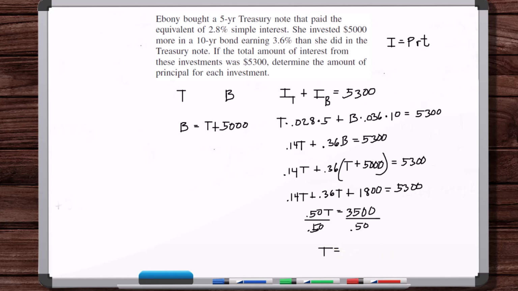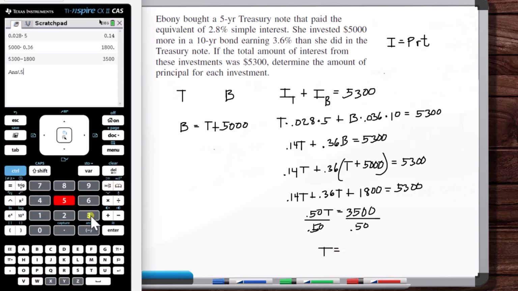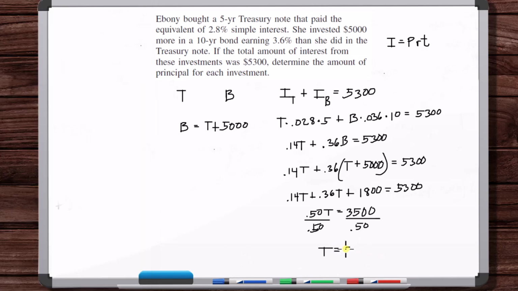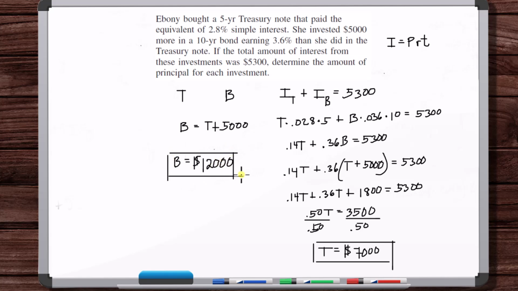T is equal to $7,000. So now what is B? B is just T plus 5,000, 7,000 plus 5,000, that's $12,000. So there we go.